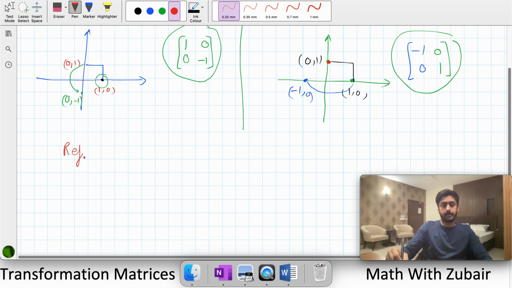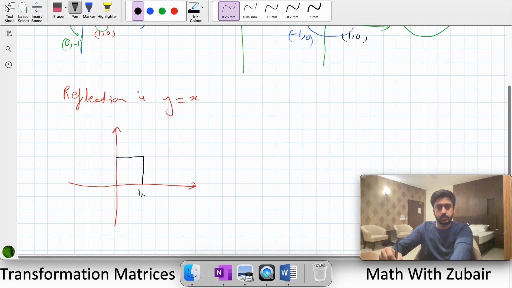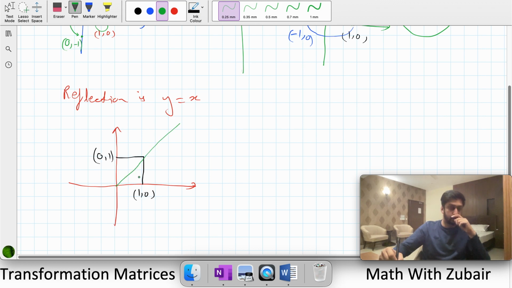Okay. Reflection in y is equals to x. Again, those same points, x1, y0, x0, y1. So when they will be reflected in the line y is equals to x, this point will reflect on this one, and this point right here on y-axis will reflect at this point.